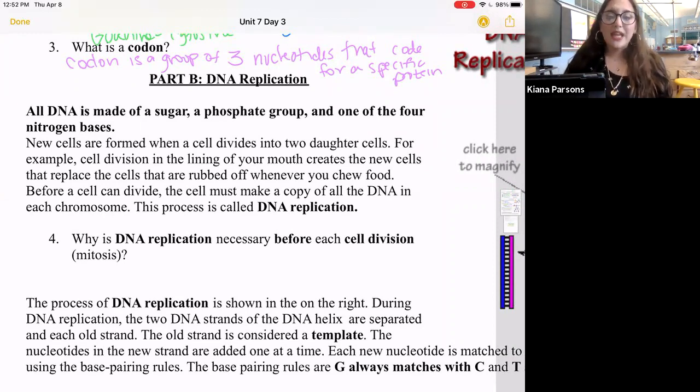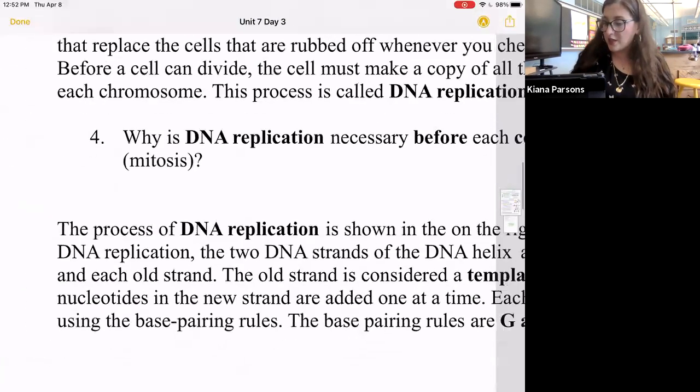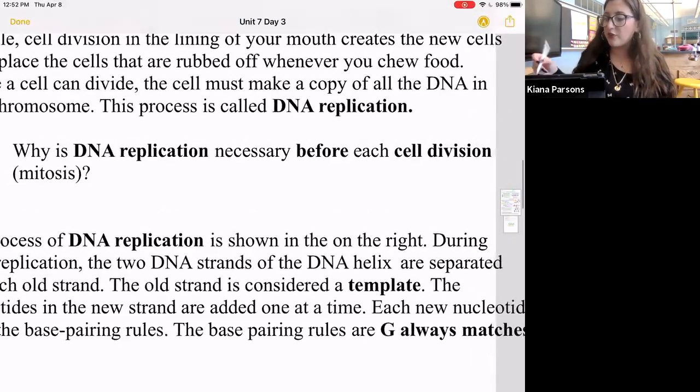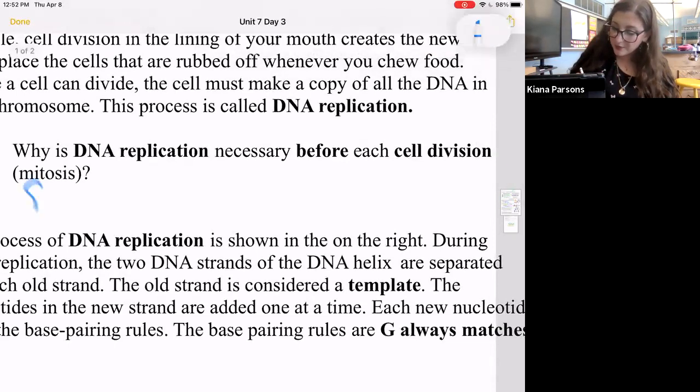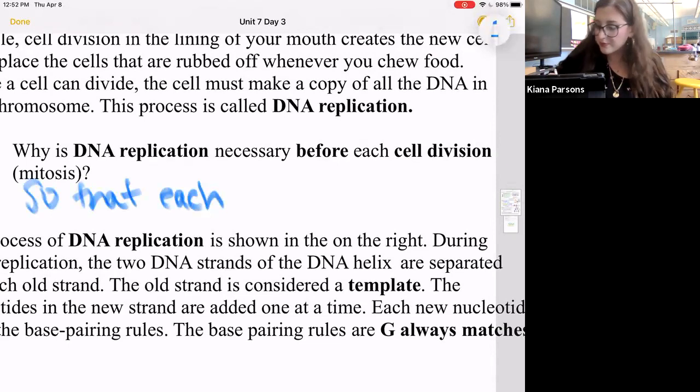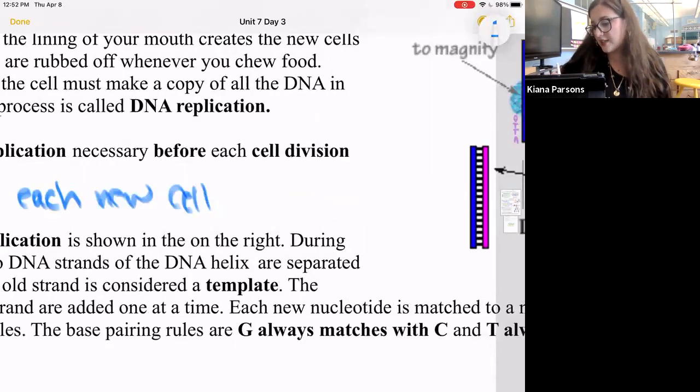Why is DNA replication necessary before each cell division in mitosis? We already know this. This is a little review from Unit 6. DNA replication must happen before mitosis so that each new cell has identical DNA, right?